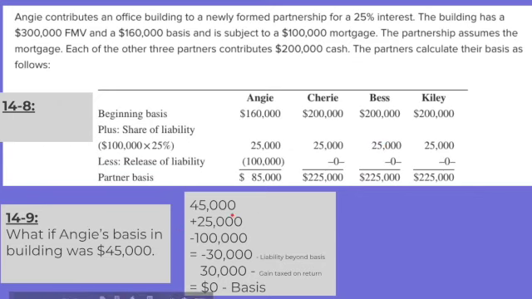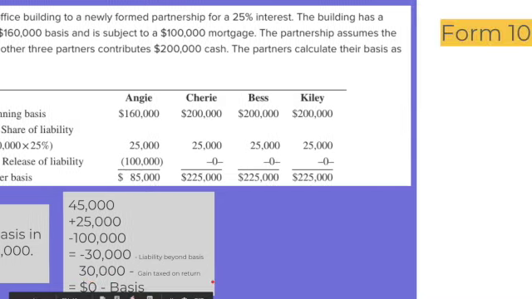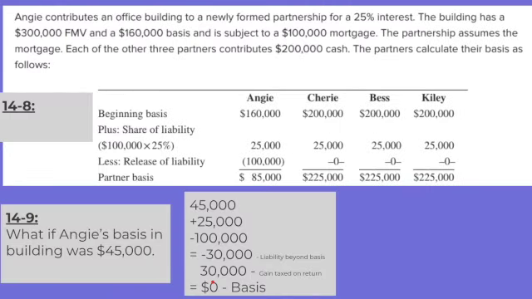So $45,000, starting with this new basis, we add the 25, we subtract the 100, and we are negative $30,000. Remember, we can't go below zero, so that means we have a $30,000 gain, tax on the return, capital gain, and our basis is zero. I'm sorry, the basis becomes $30,000 because they're paying taxes on the $30,000.